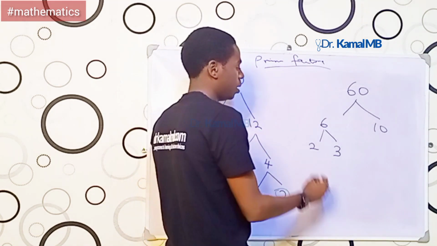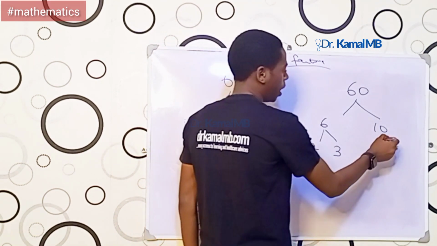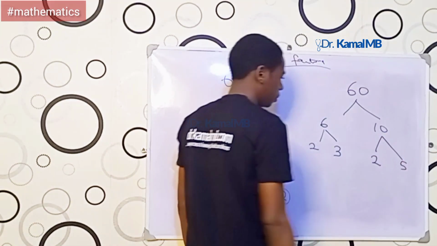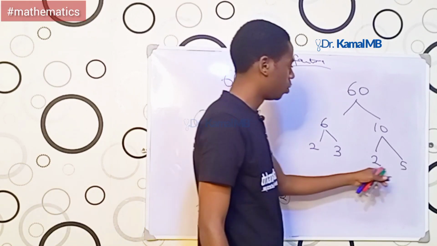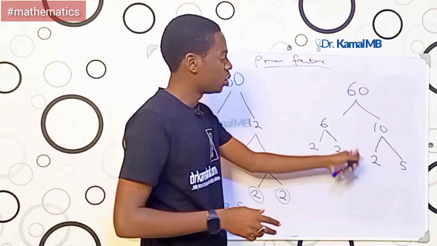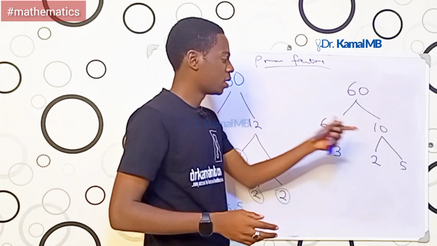And then there are no other factors here. And for 10, I think we have 2 and then 5. And you can't go further to find any other two values that when you multiply them together we get exactly 2, or exactly 5.